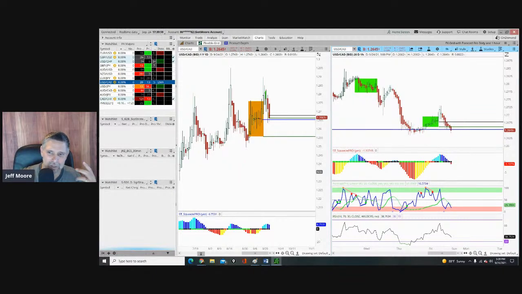Now, are we going to enter yet? No. If on Sunday we get a white candle above here, and this comes down and the candle turns white, we are going to enter.